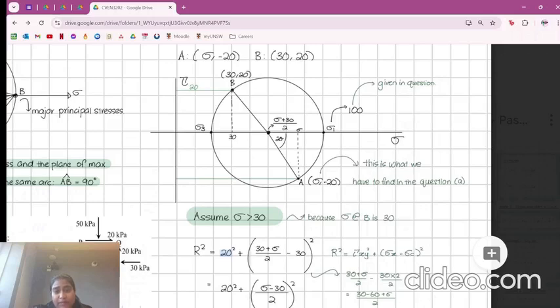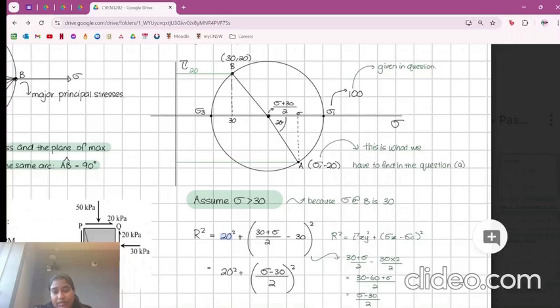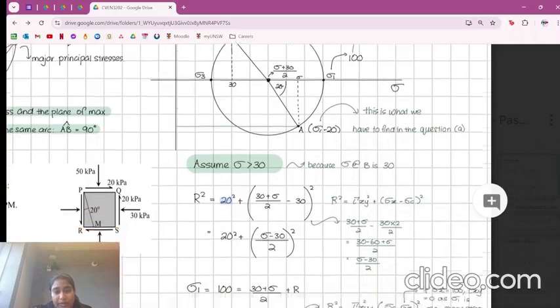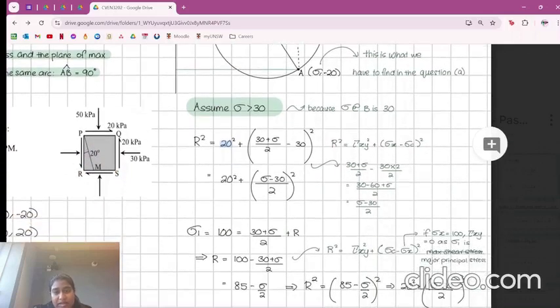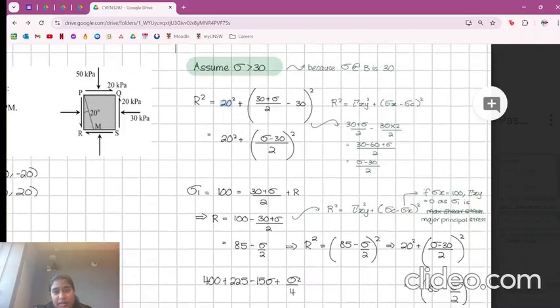It's squared, and then you add it to the sigma x, which is just the normal stress plus the unknown value that we don't know, and it's like the average. And then you minus it from the normal stress at plane B, or like the sigma c value, right? So in this case, this is the equation that we get. So that's your first equation there.